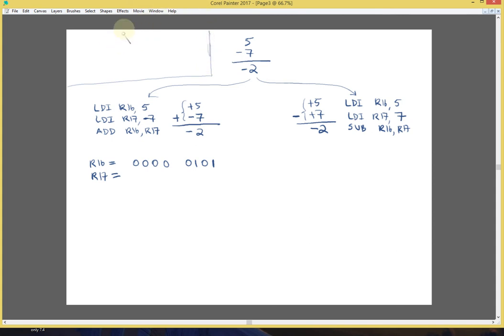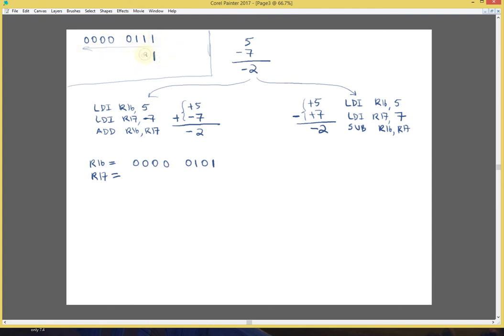The 2's complement shortcut: we write the positive number 7, which is 0 0 0 0 0 1 1 1. To find the 2's complement, the negative representation of this number, all you have to do is scan from right to left. When you find the first 1, not the first bit, the first 1, copy it as is, and then change all the other bits that follow.